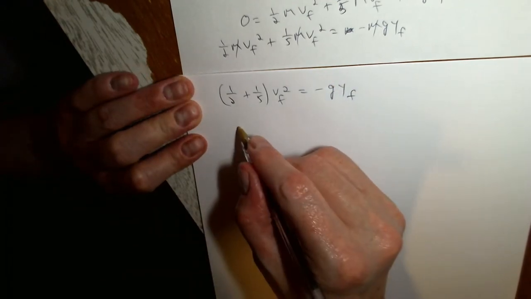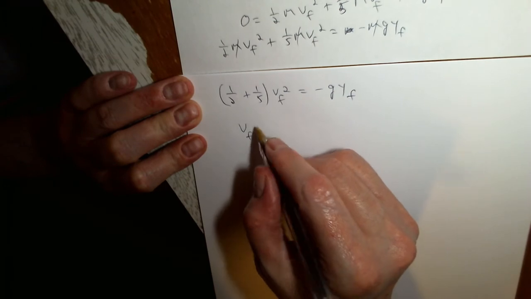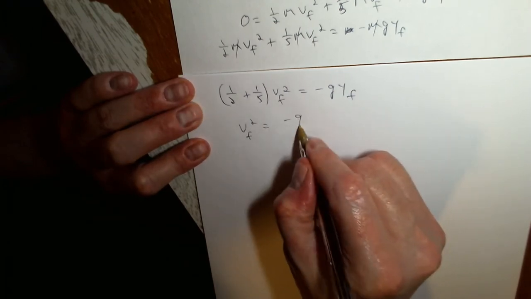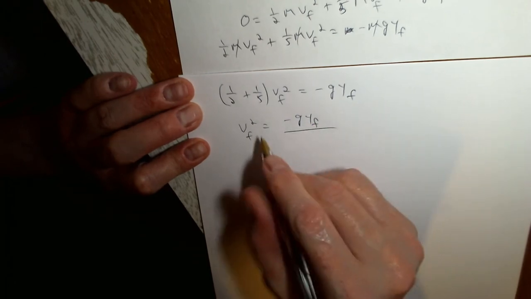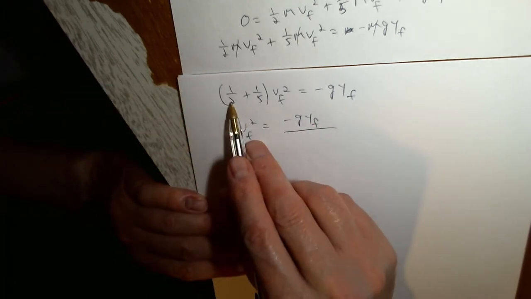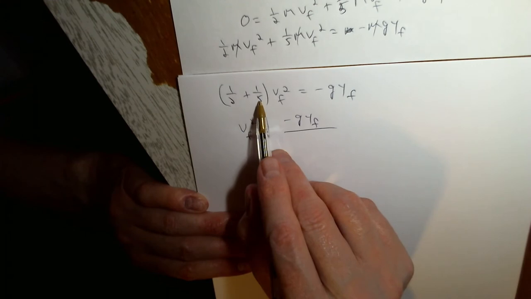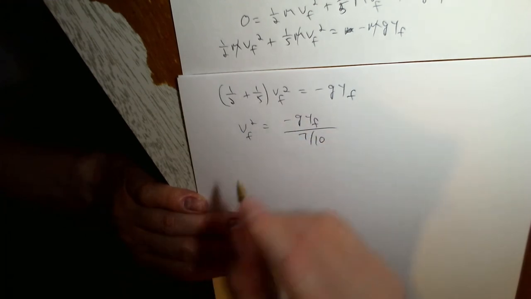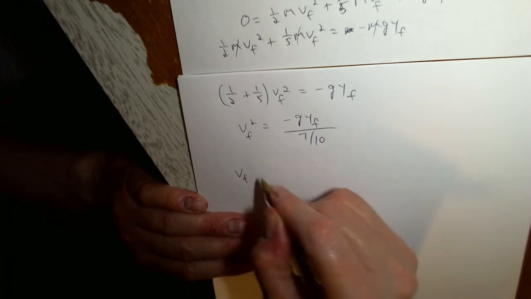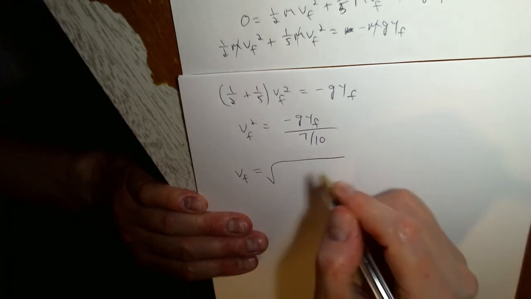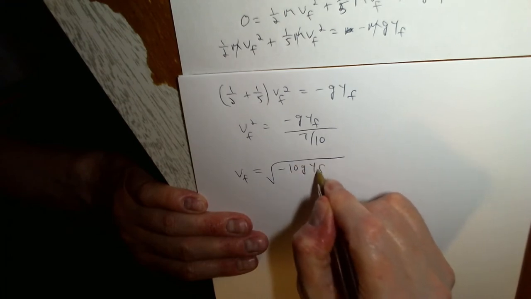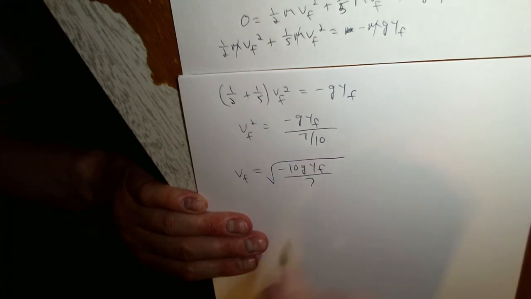And so I get v final squared, I divide by 1/2 plus 1/5 on both sides. Get minus g y final over, 1/2 is 5/10, 1/5 is 2/10, so that's going to be 7/10. And so I get v final is square root of minus 10 g y final over 7.